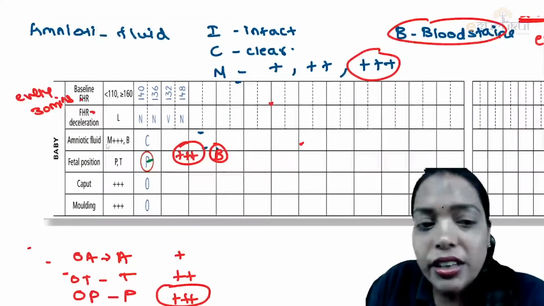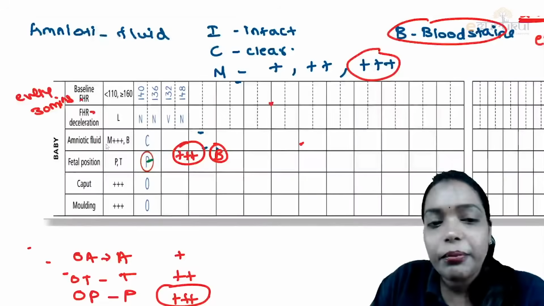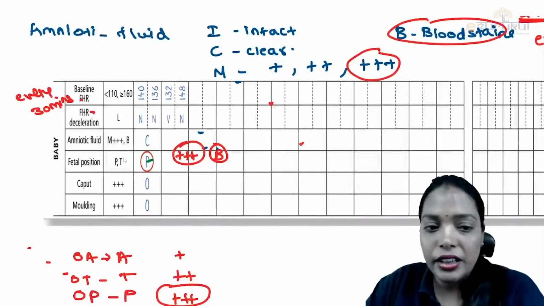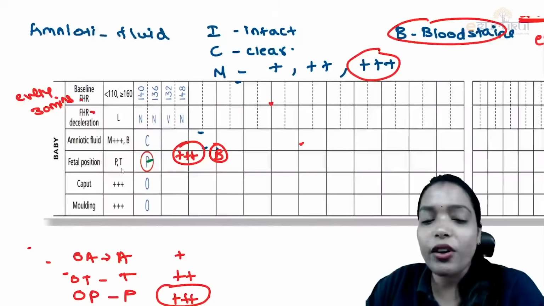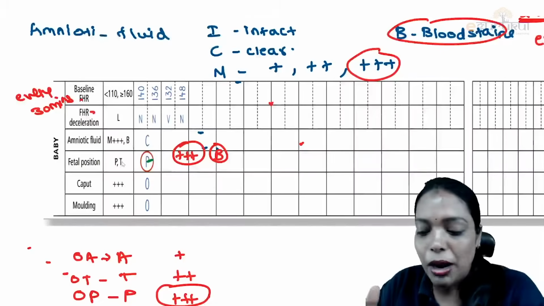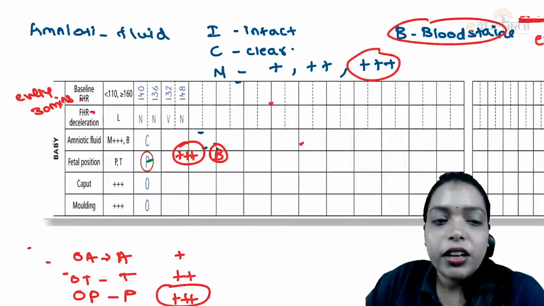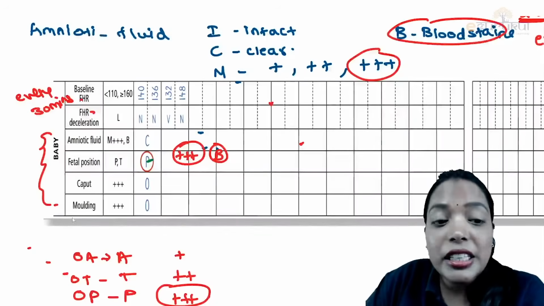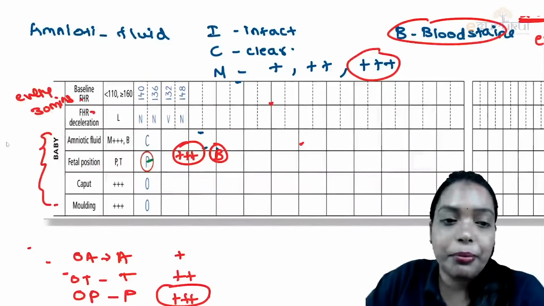In this, what are the alerts? Meconium 3 plus or bloodstained liquor is an alert. Position posterior or transverse is an alert. Caput 3 plus or moulding 3 plus is also an alert. So if you have any of these, you have to get alerted.